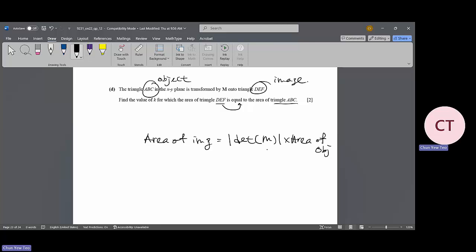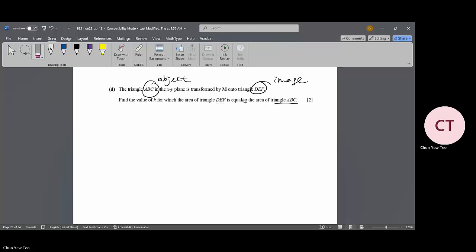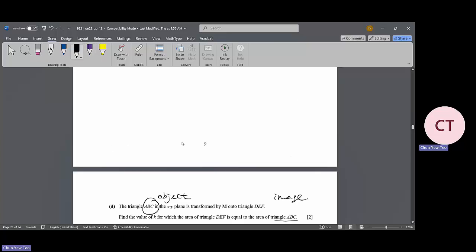So in order to make them equal, that means the determinant m must be equal to 1. Okay, so I think we will start from the determinant m. So your m just now was, what was the m already? The m just now refer back.